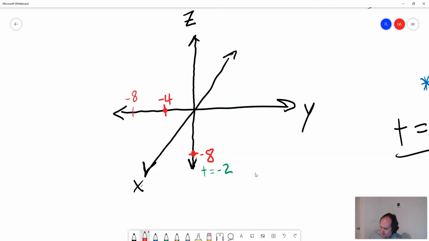And that -4 is actually when t equals 0. Okay, and then we need to do at least one more point, even though we can see that we're going like this. So we expect our parabola to end up here at +8. We should probably do at least one more point just to make sure that we've got the right graph.